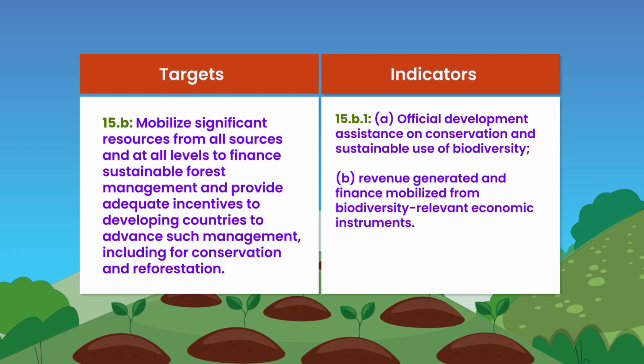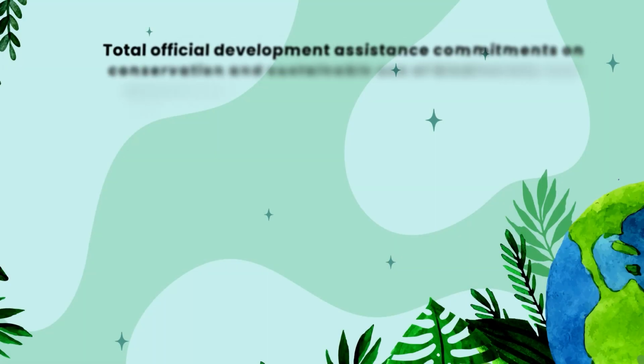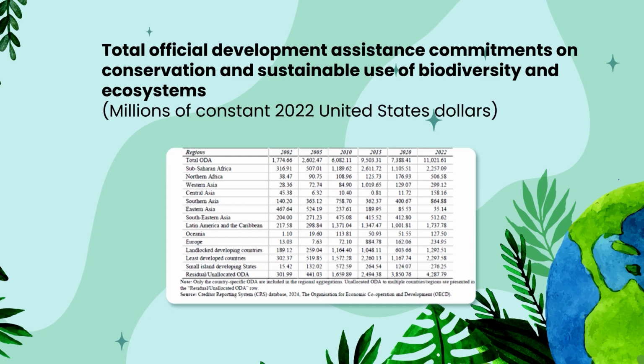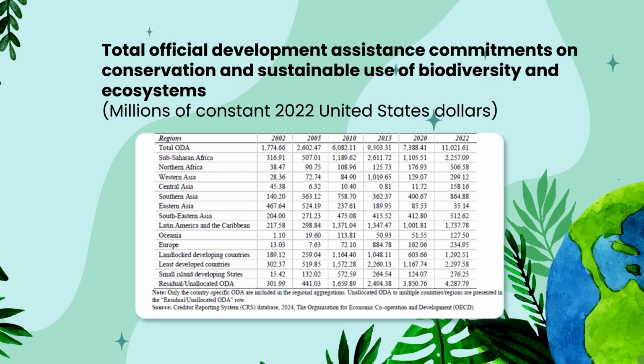Indicators are official development assistance on conservation and sustainable use of biodiversity, and revenue generated and finance mobilized from biodiversity relevant economic instruments, right. Here you will see the data that total official development assistance commitment on conservation and sustainable use of biodiversity and ecosystems used to be $1,774.66 in 2002. Now, in 2022 we have 11,021. Okay, we are progressing well, right.